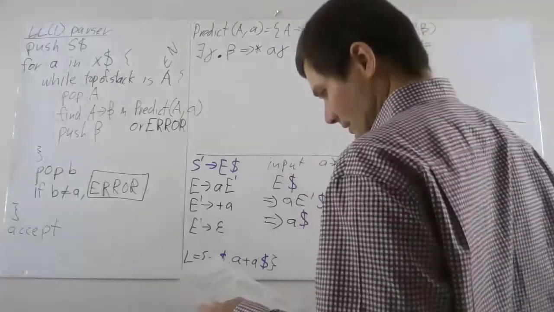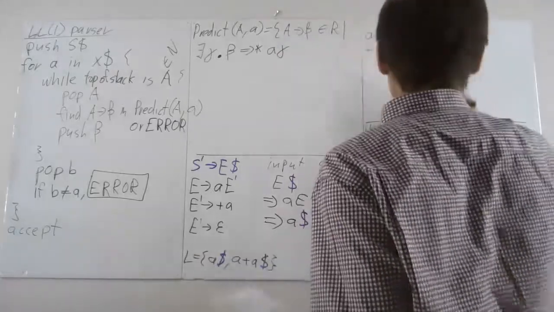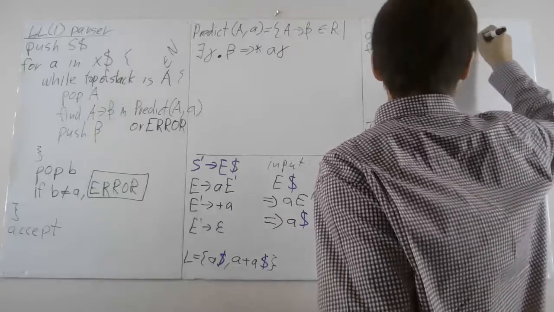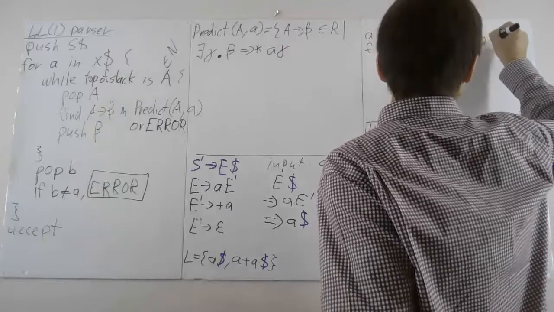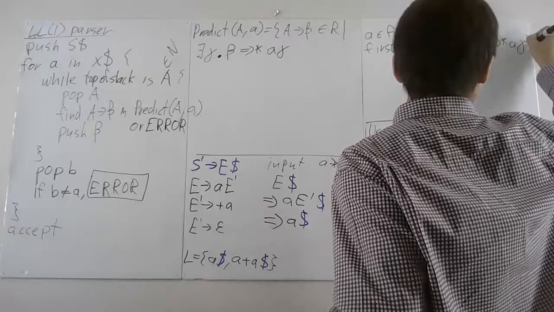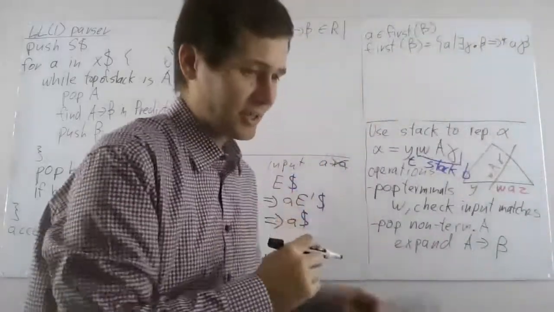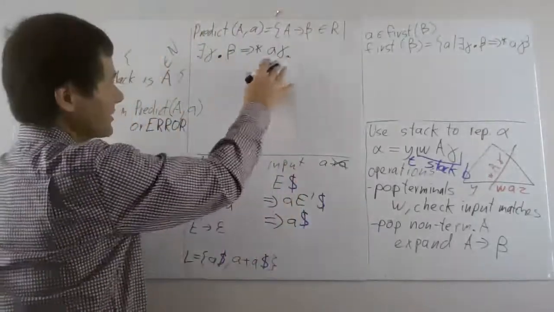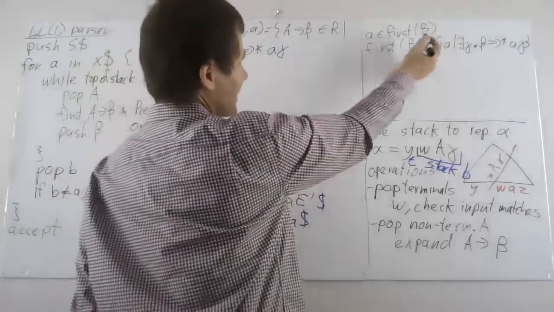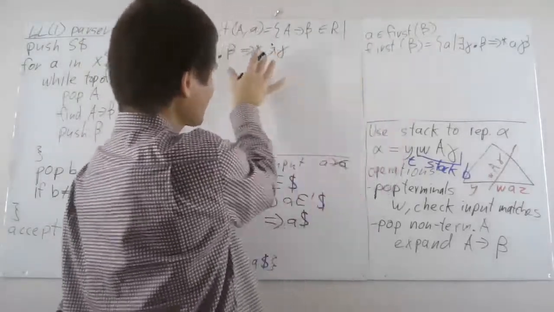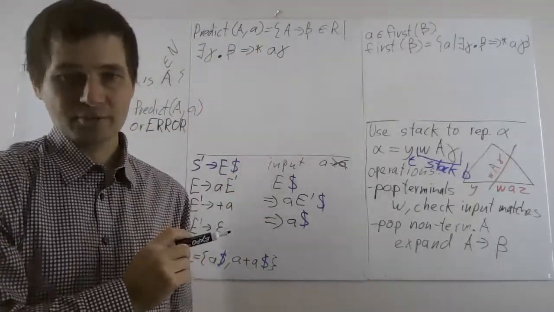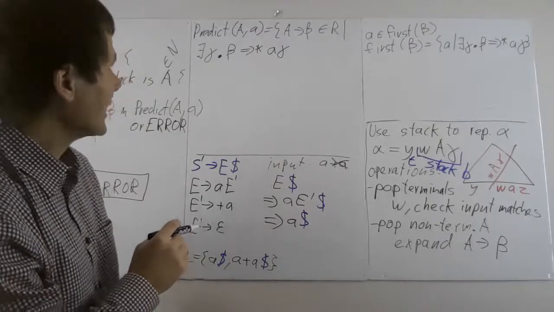It's the set of all A's such that there exists a gamma such that beta derives A gamma. So I haven't really changed anything. All I've done is given this expression a name. A being in the first of beta is equivalent to there existing a gamma such that beta derives something that starts with A.